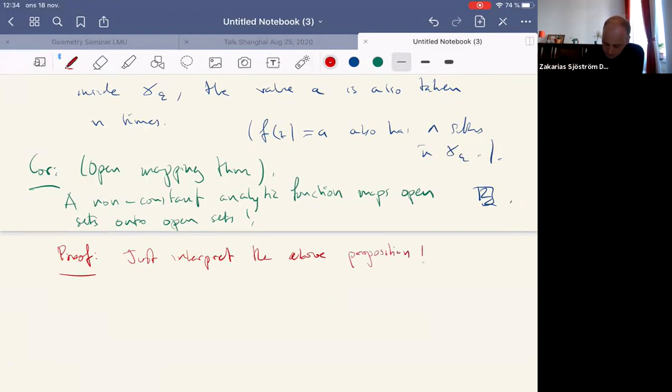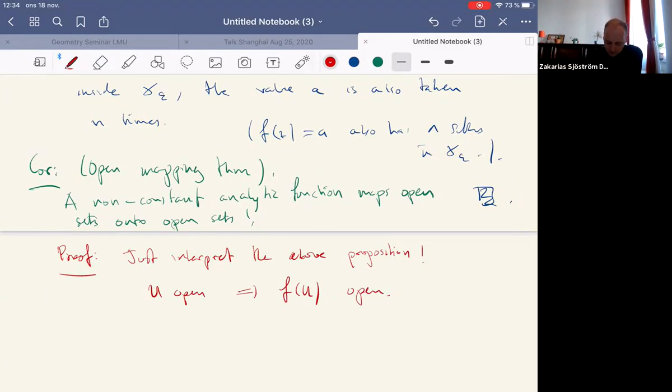Okay, and so you can think about this. It's really just one line, just understanding why, if U is open, this will imply that f of U, provided that f is holomorphic, is open. This is what the theorem says.